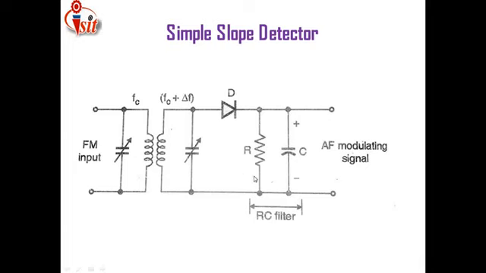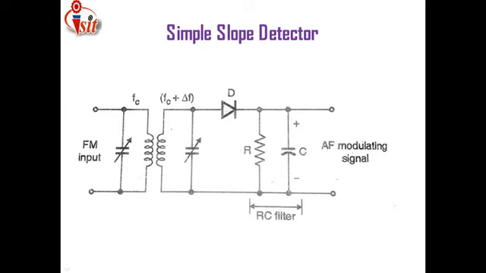Considering this condition for the RC selection, we select the R and C components properly. From this circuit we get the output, which is the audio frequency modulating signal. That means once again we get the sound signal as output, and for that sound signal we control the sound using the volume control knob.